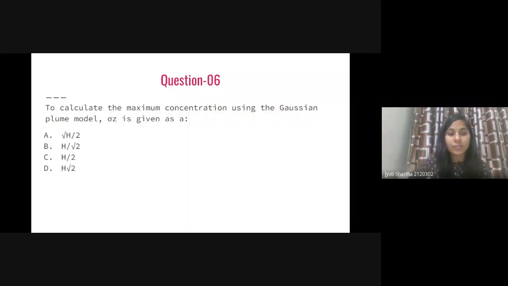Okay, next question is, to calculate the maximum concentration using the Gaussian plume model, sigma z is given as, I have these options: square root h upon 2, h upon square root 2, h upon 2, h square root 2.